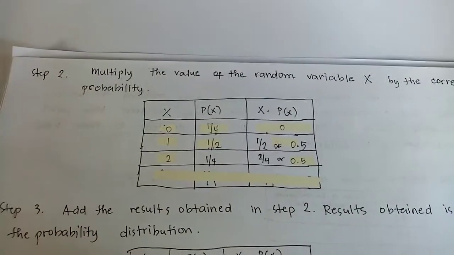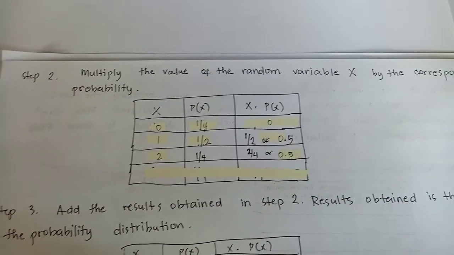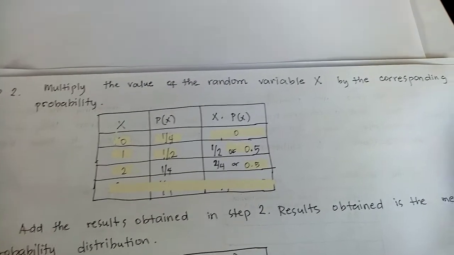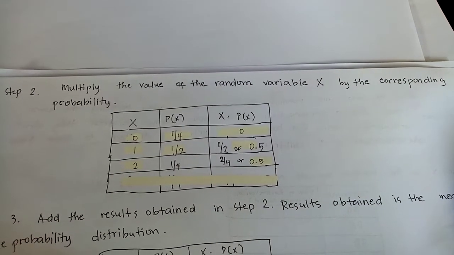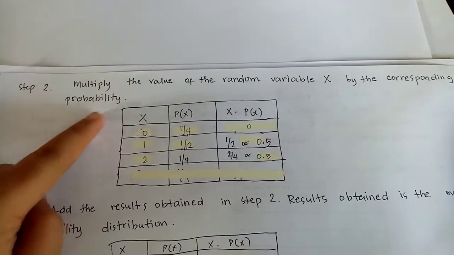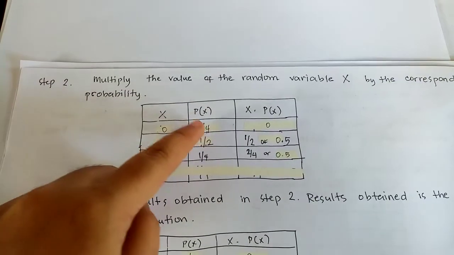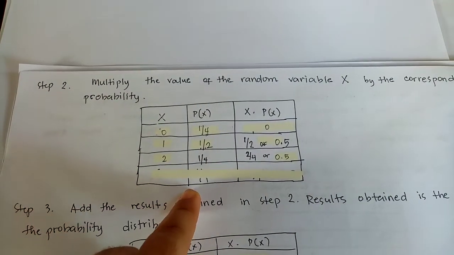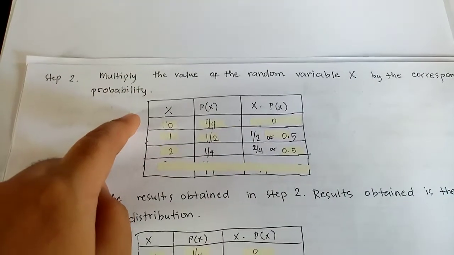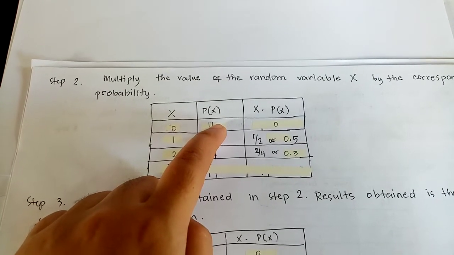Next. So, pagkatapos nyo po makuha yung probability of random variable x, step 2 is multiply the value of random variable x by the corresponding probability. So, ito na po yung random variable x, and ito na yung probability. So, i-multiply lang po natin yung random variable x sa probability of random variable x.